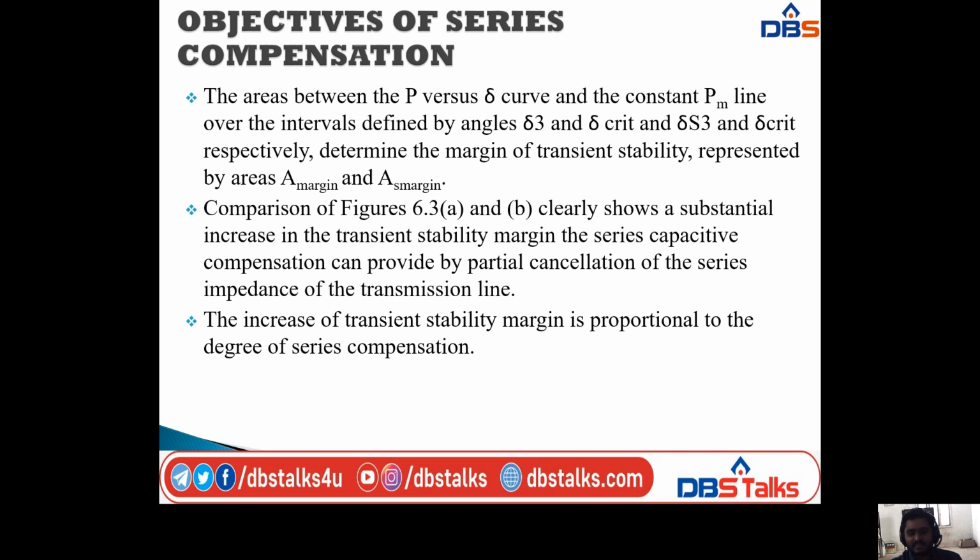Comparison of figures 6.3 A and B clearly shows a substantial increase in the transient stability margin. The series capacitive compensation can provide partial cancellation of the series impedance of the transmission line.